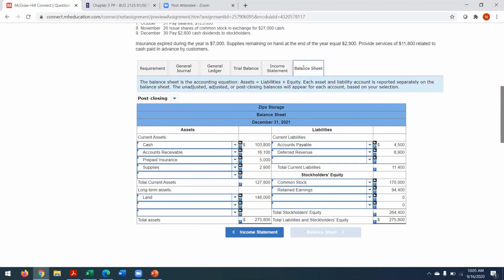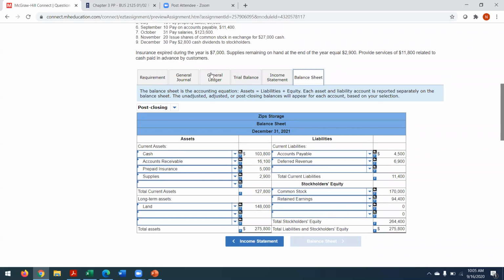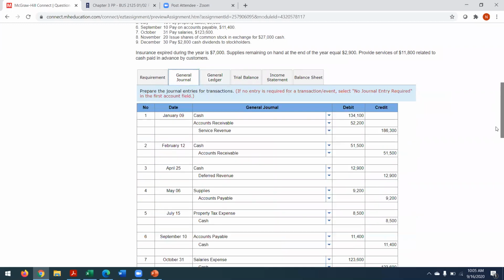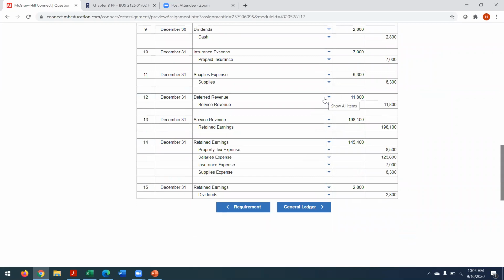Then you should be able to create a balance sheet. Once you've done those, you'll need to close out your temporary accounts. You're going to close out your revenue first, then all your expenses, and then your dividends.